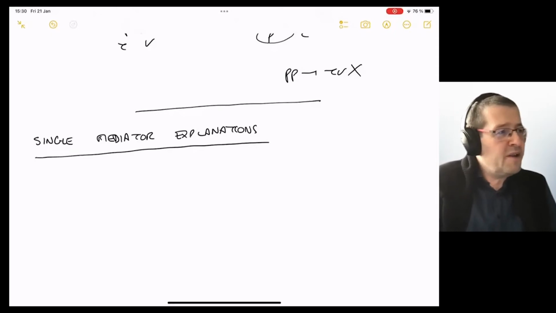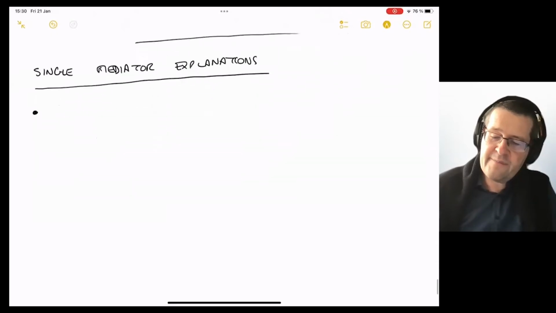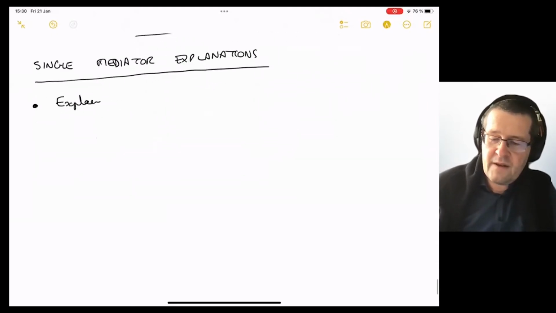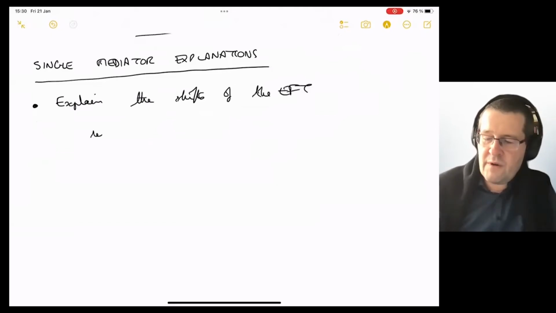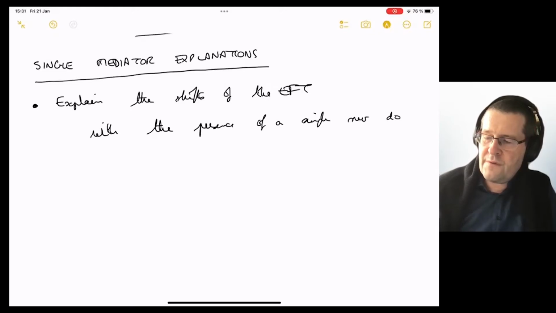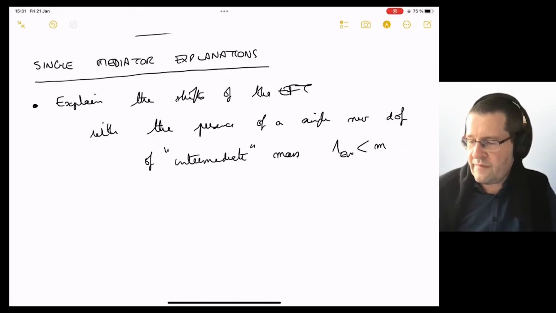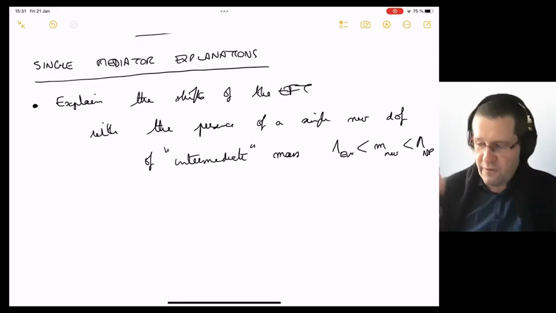Clearly, you can do it in many different ways, but actually what people tend to think is more something along the lines that I can try to explain the shifts of the EFT with the presence of a single new degree of freedom of intermediate mass, meaning something that would have a mass which is between the typical scale of all the new physics, all the new particles.